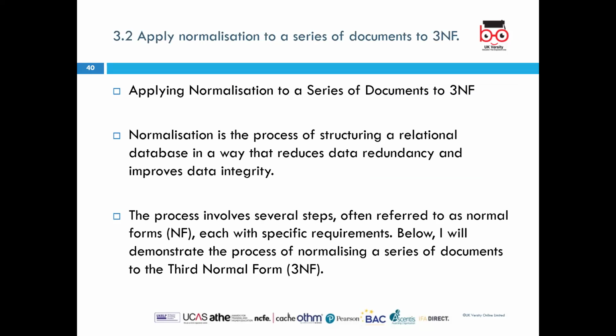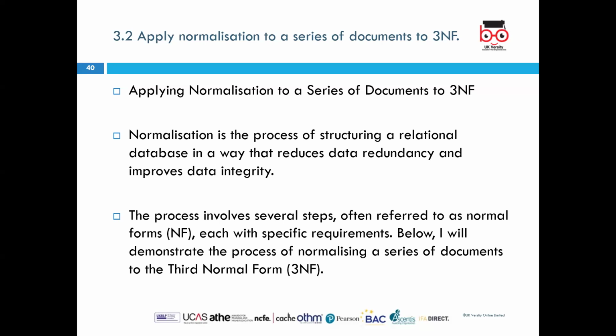Now we're going to look into applying normalization to a series of documents in third normal form. So we know that normalization will allow us to reduce redundancy. This process is going to involve several steps, often referred to as normal forms, and each has a specific requirement.